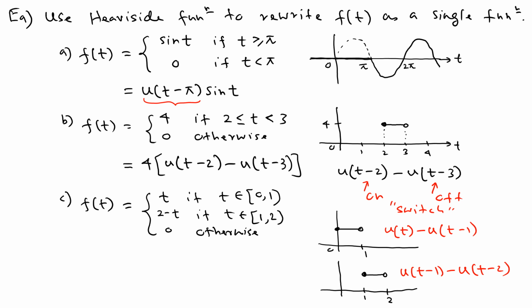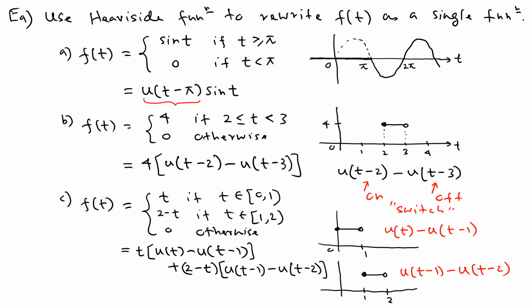When you multiply, the first function is t multiplied by the switch, u(t) minus u(t minus 1), and then plus 2 minus t, that's the second function, multiplied by its switch, which is u(t minus 1) minus u(t minus 2).